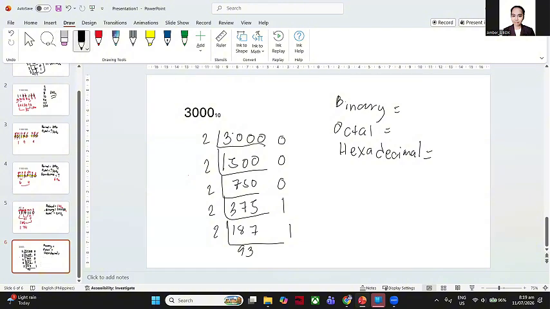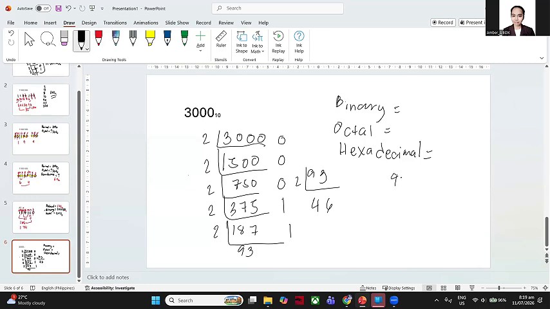Now 93 divided by 2 is 46. Is there a remainder?